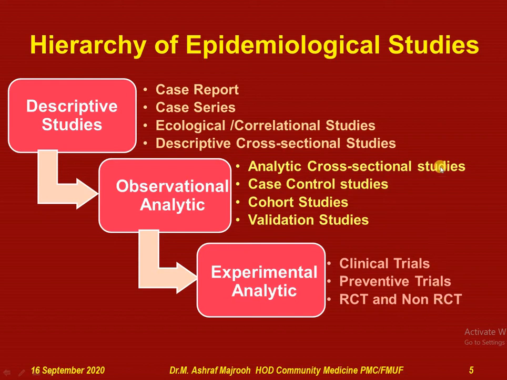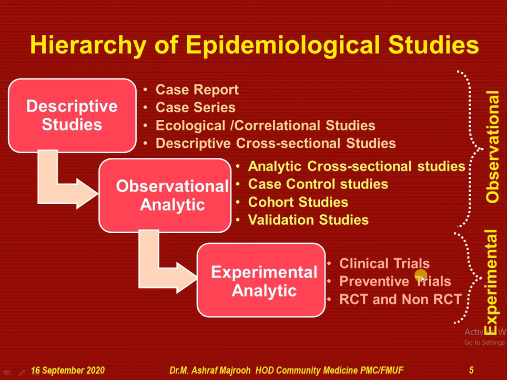If we talk about another way of classification, these two categories, descriptive and observational analytic, fall under the observational type of epidemiological studies. And the trials, clinical trial, preventive trial, and RCT, fall under interventional or experimental study design.